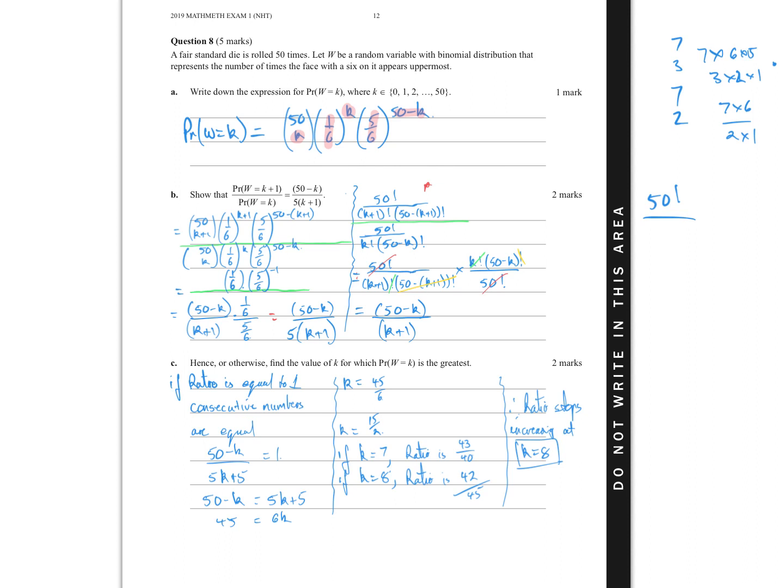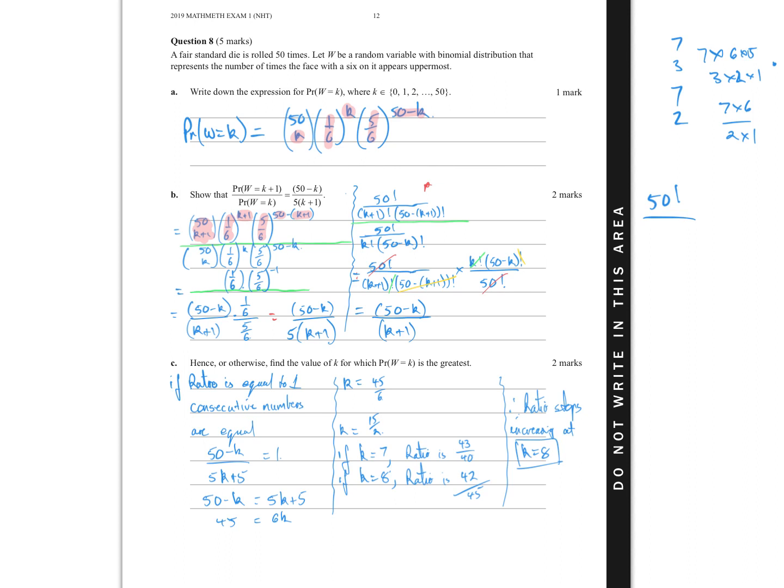Show that W equal to K plus 1 over W equal to K. Those probabilities can be simplified as. Right, so if W is equal to K plus 1, my rule becomes, and I'll use red for the top, so 50 trials, K plus 1 successes, 1/6 to the K plus 1, 5/6 to the 50 minus K plus 1, yeah?